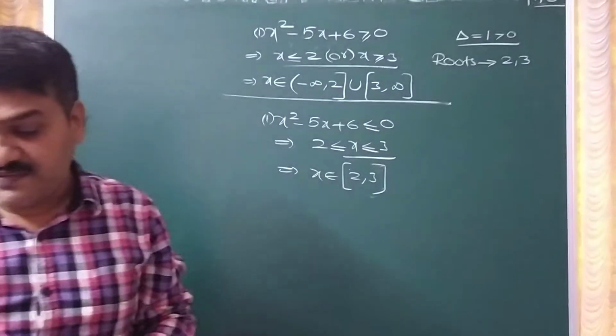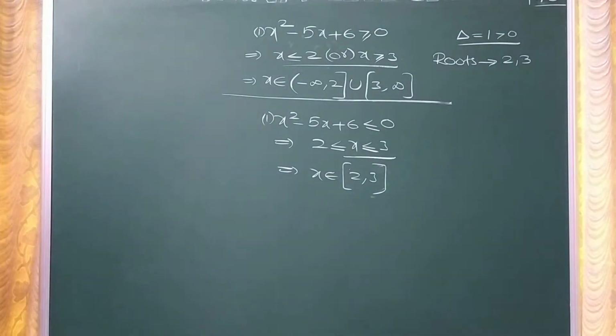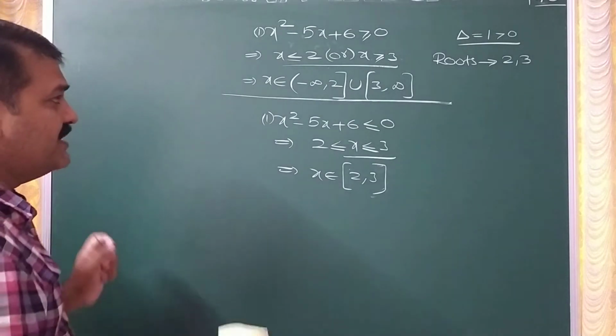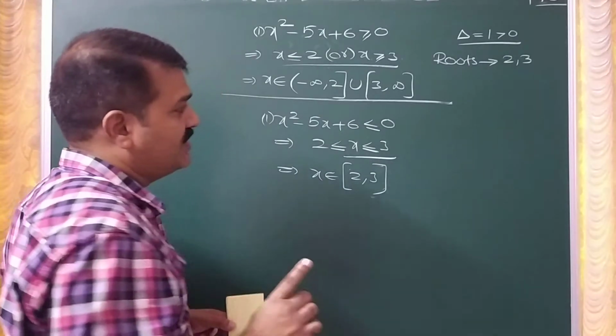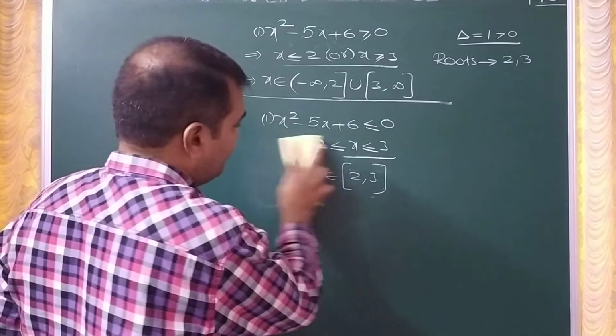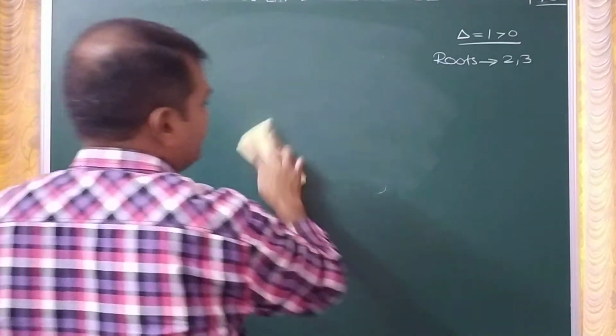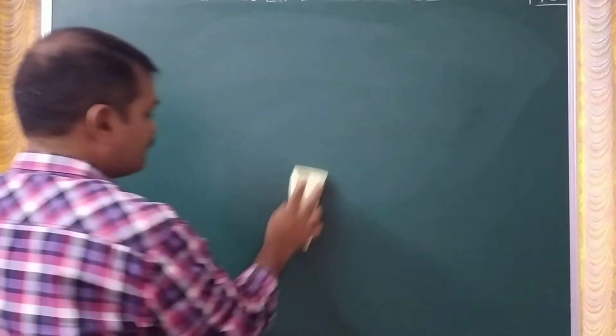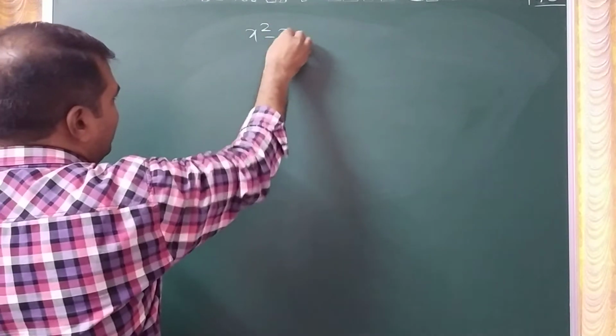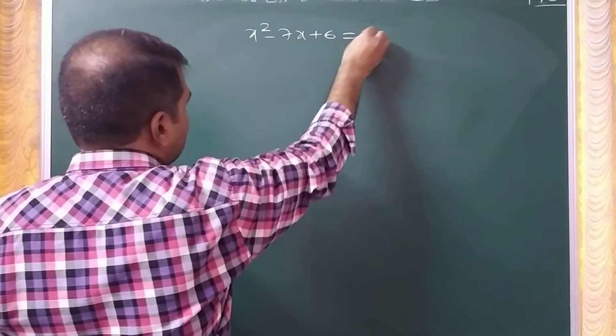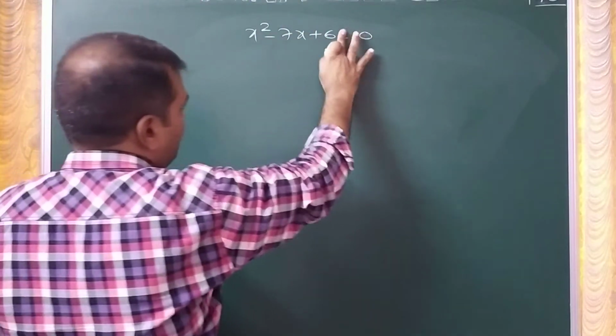But we will have a simple shortcut discussion here. I'll take one more problem and discuss the shortcut. For example, x squared minus 7x plus 6 equal to 0 or less than 0.